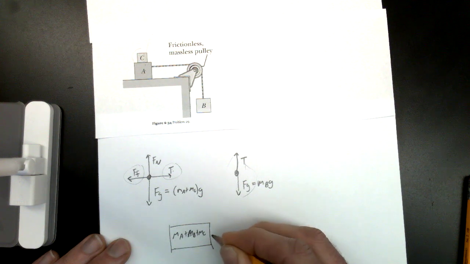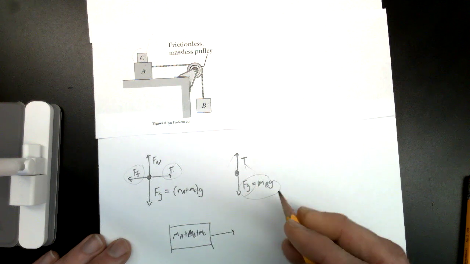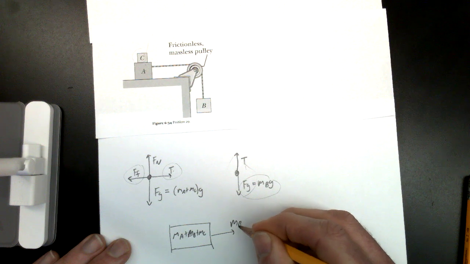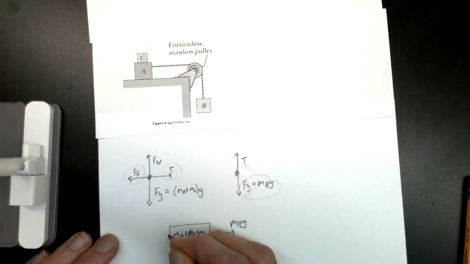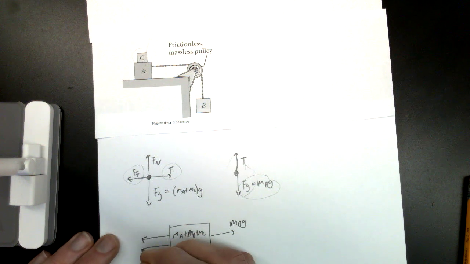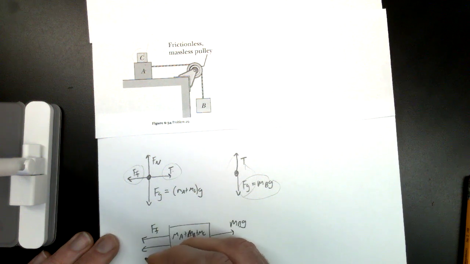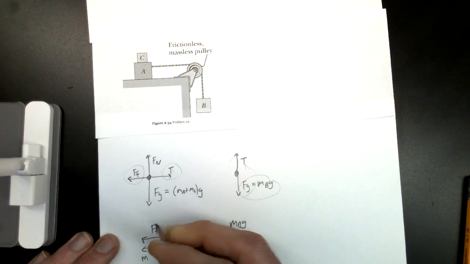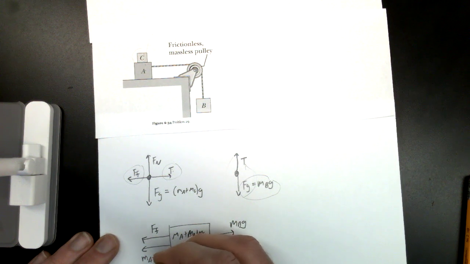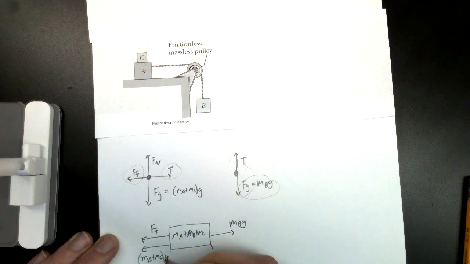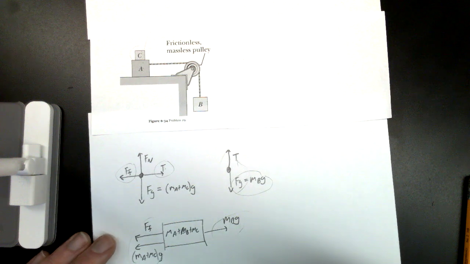And the forces going in this direction is this one right here, mBg. And then going this way, we're going to have two forces: a friction force, and this one right here, (mA plus mC) times g. And we're trying to make sure that all this is balanced so that the acceleration is 0.